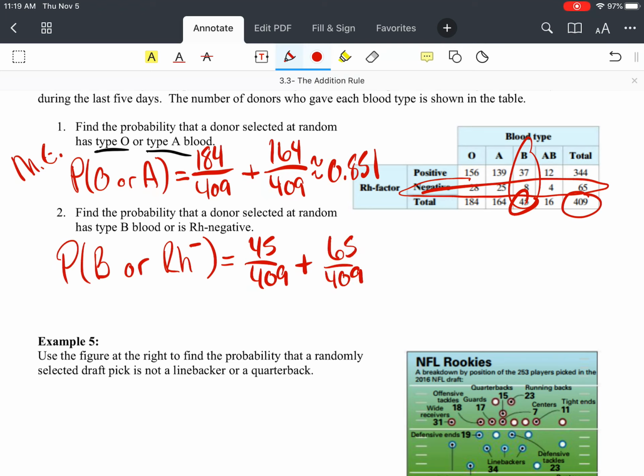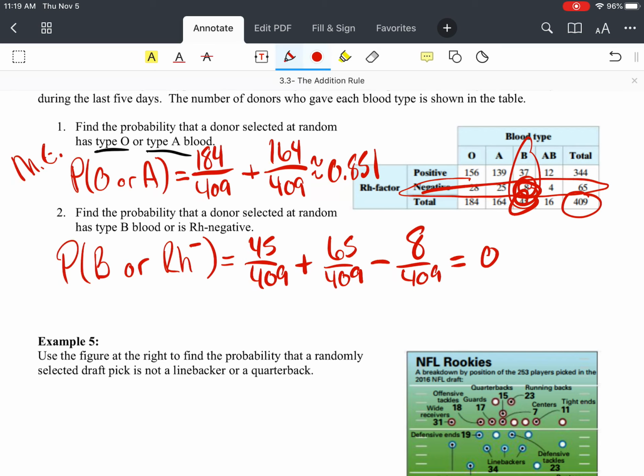Well, the total number of Rh negatives are 65 out of 409, minus the intersection. So this is our intersection here. We have a total of 8 out of 409 patients who are both B and Rh negative.